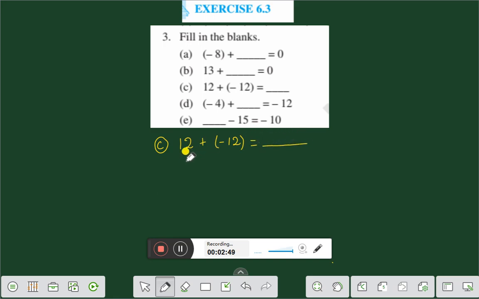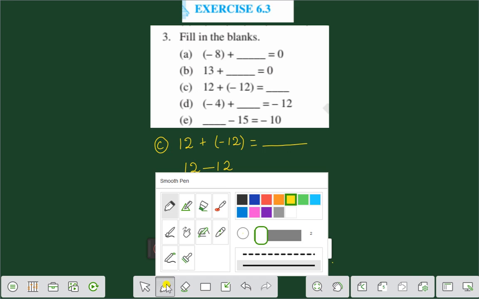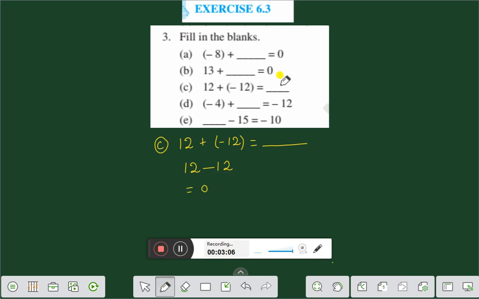Now we see it is plus 12. Plus into minus is minus. That is 12 minus 12. That is equal to 0. Therefore, the answer is 0. Plus 12 minus 12, the answer will be 0. Right? Now, we solve question number D.